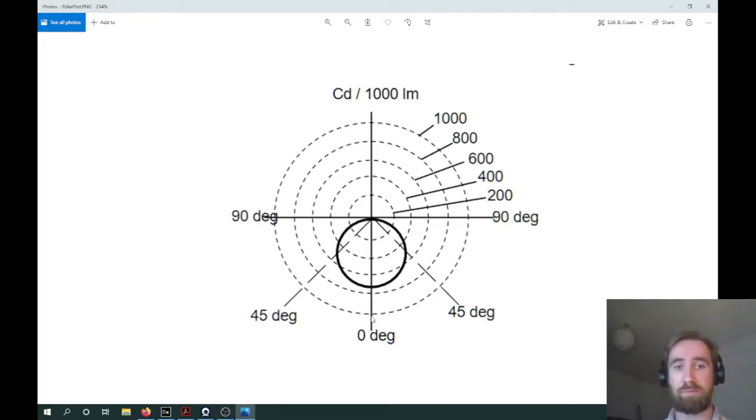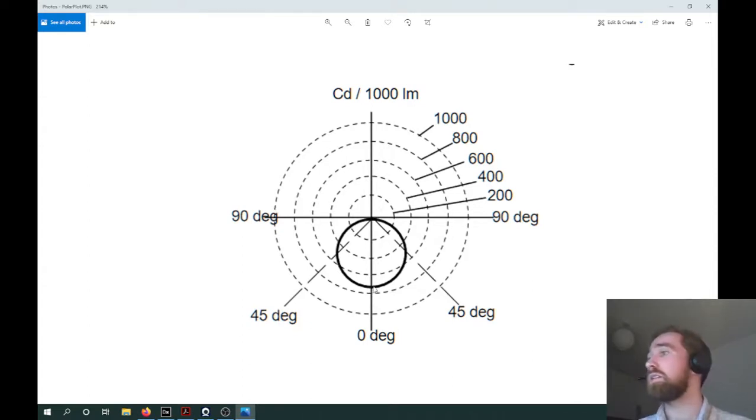So, for example, if we are standing directly underneath this lamp, that would be 0 degrees off center. We come straight up as if we're drawing straight into the middle of this polar diagram until we hit the characteristic curve.